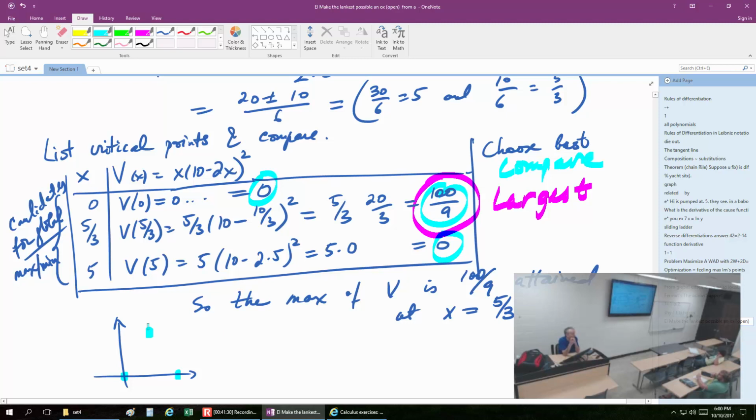The key is there are no other extreme points. So there are no dips anymore. So it goes straight here and straight there, roughly. The other thing you can gain from this is on the right: these are two x-intercepts and the only two x-intercepts. But what is happening at 5?